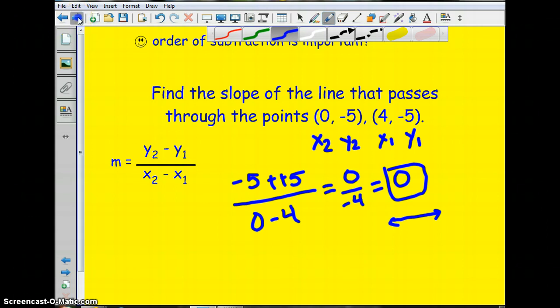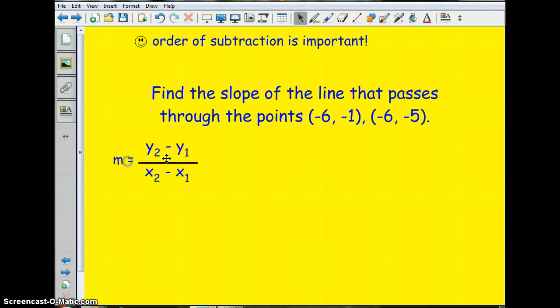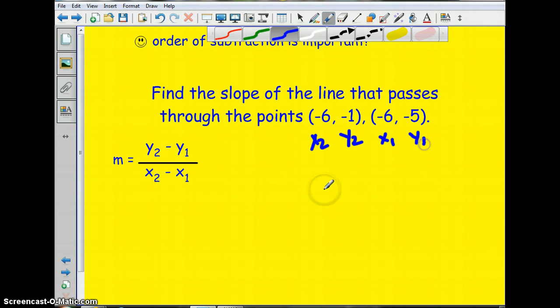Let's check out the next one. Go ahead and pause right now and see if you can figure out what this one is. Alright, I'm going to identify the x sub 2, y sub 2, x sub 1, y sub 1. So we have a negative 1 minus a negative 5 over a negative 6 minus a negative 6.